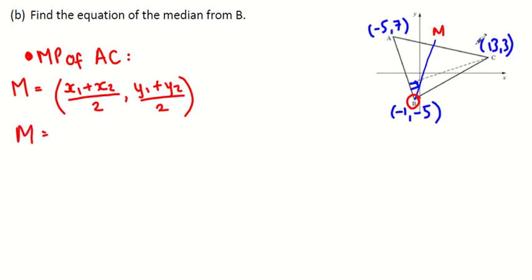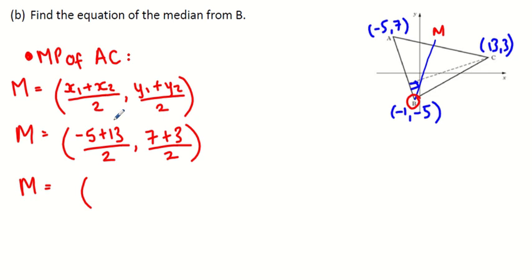So looking at A and C, -5 plus 13 over 2, 7 plus 3 over 2. -5 plus 13, or 13 take away 5, is 8. 7 plus 3 is 10. So dividing by 2 gives you the coordinates 4, 5.